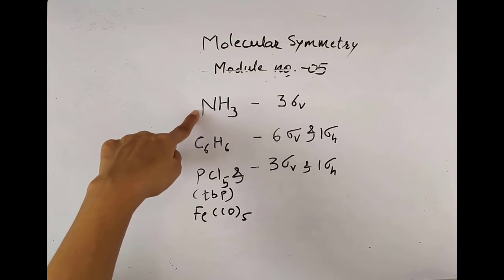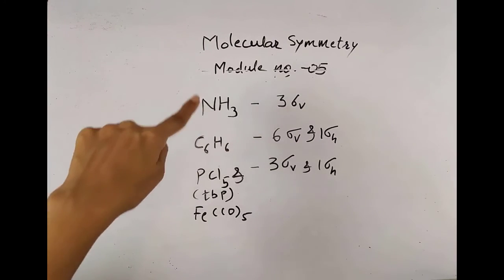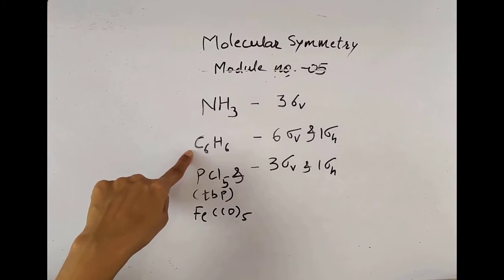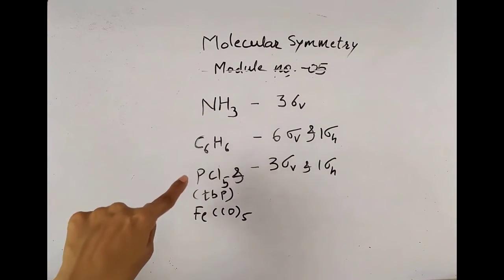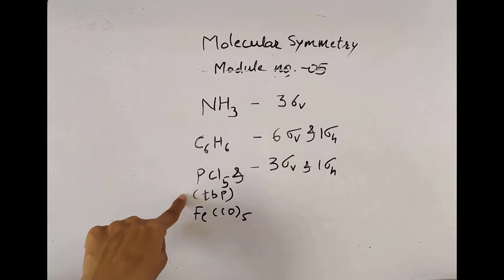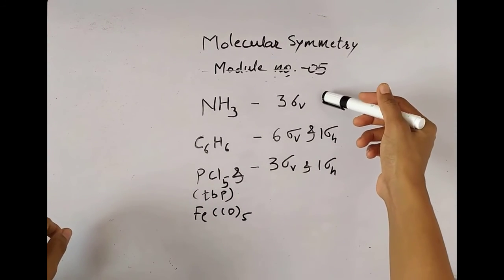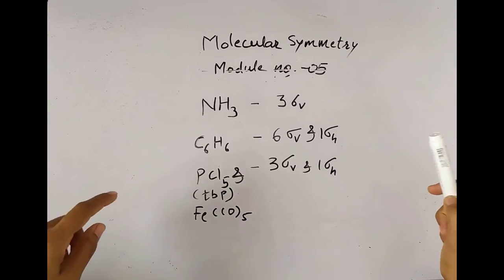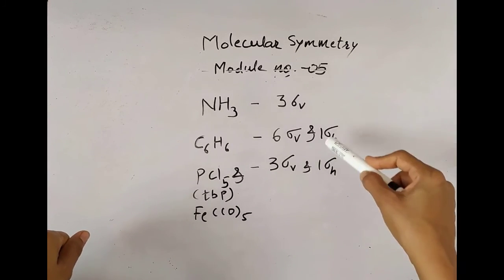Ammonia is trigonal pyramidal, benzene is planar hexagonal, PCl5 and Fe(CO)5 are trigonal bipyramidal. I can tell you the final answer, but you have to try finding out these planes.